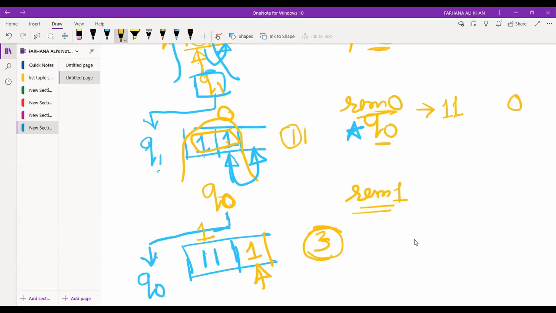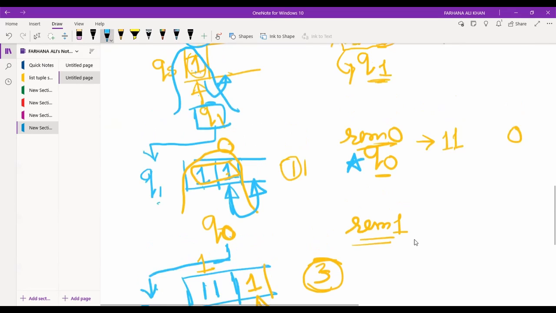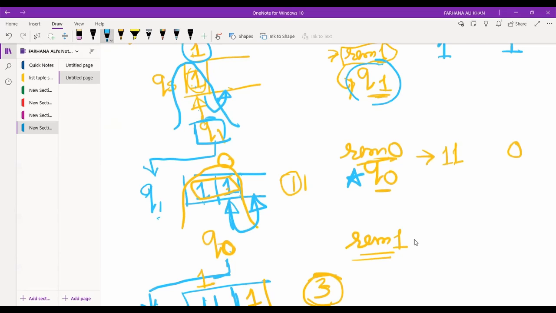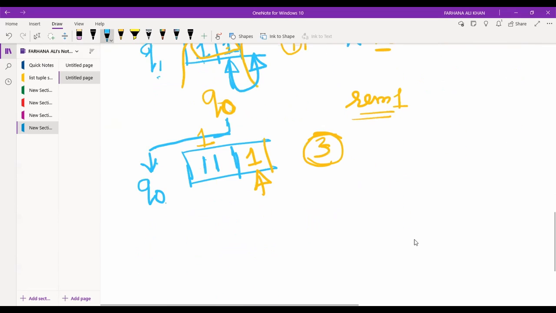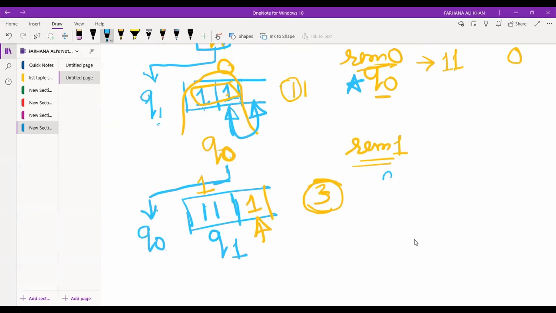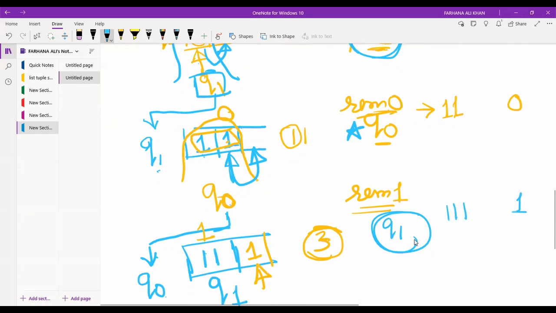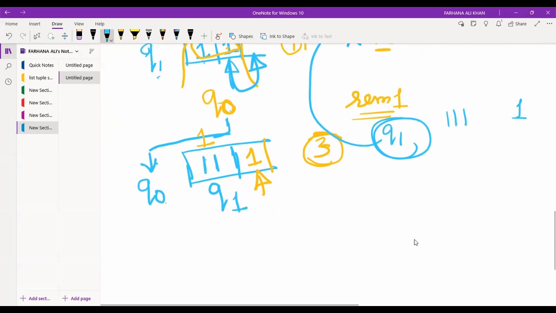Yes, remainder 1 is already considered with the name Q1. So we write the resultant state as Q1. There is no need to write Q1 again, generating the string 111 and the result 1, because this state is already considered previously. Whenever a state generated previously repeats again and again, that will be the end point of your solution.